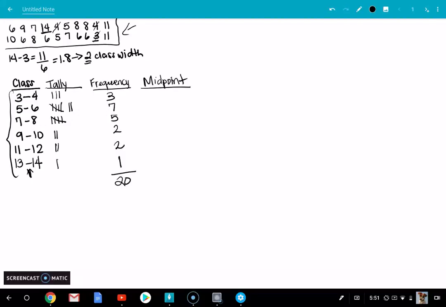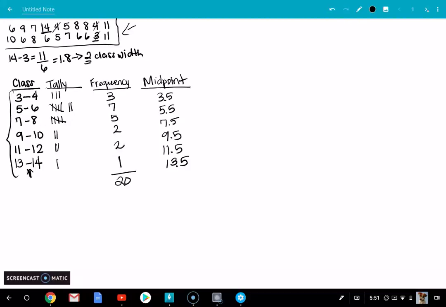So the midpoint with the first one would be 3.5, 5.5, 7.5, 9.5, 11.5, and 13.5. So we find the midpoint. And so, anyways, these are the answers to the questions.